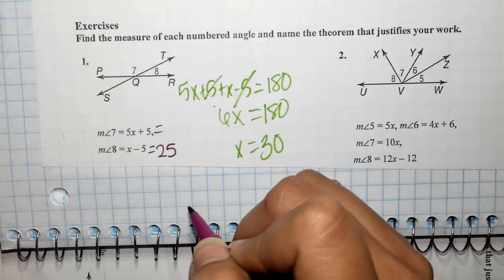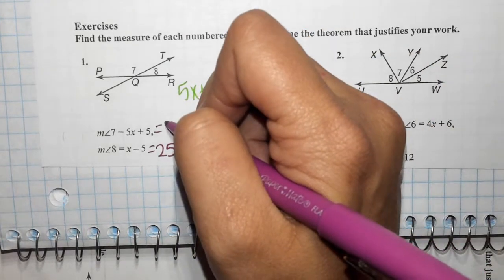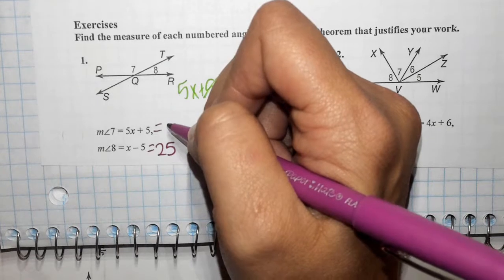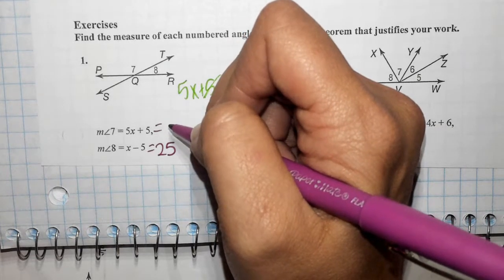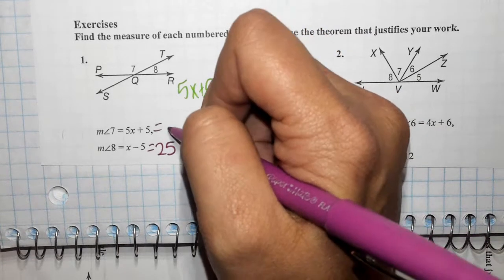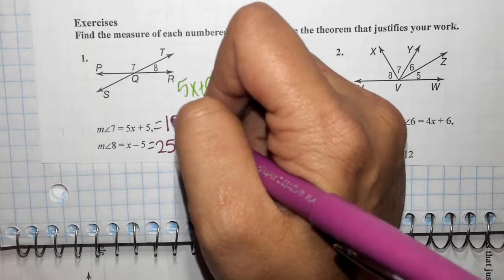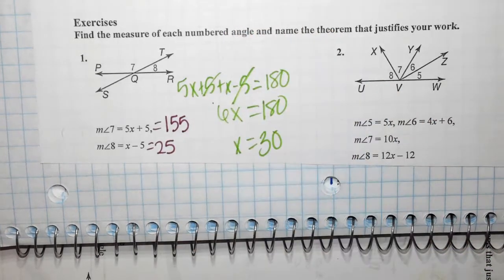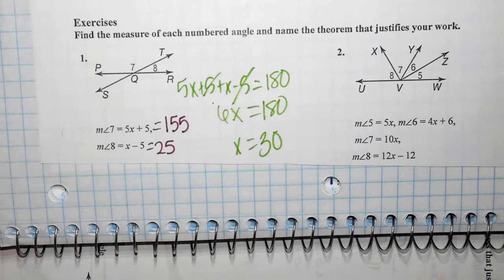What's 180 minus 25? 155. Ravenclaw, you get a point for getting that. Good job.